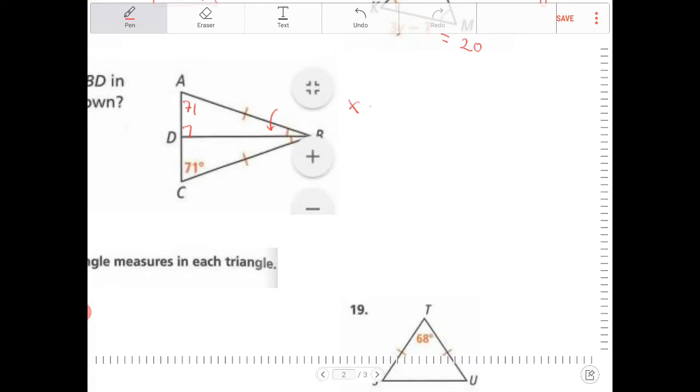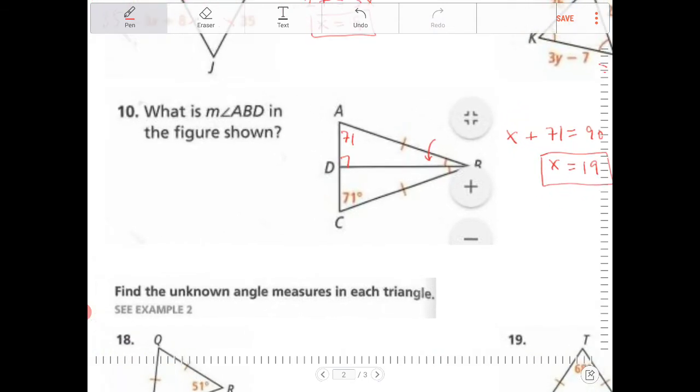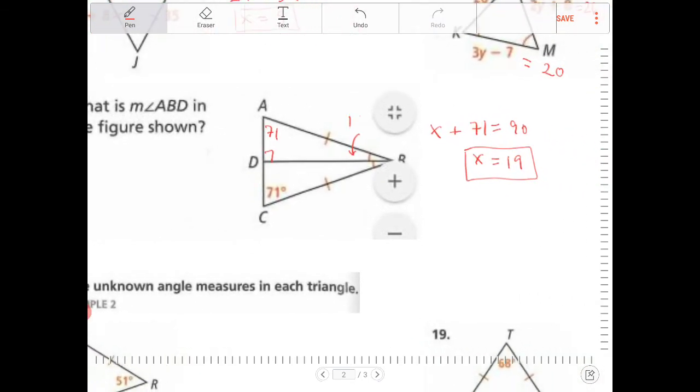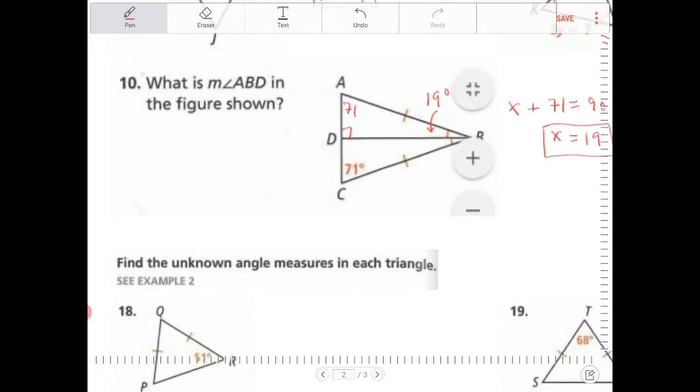X plus 71 should equal 90. Subtract both sides by 71, I end up with x is equal to 19. So that means angle ABD is equal to 19 degrees.